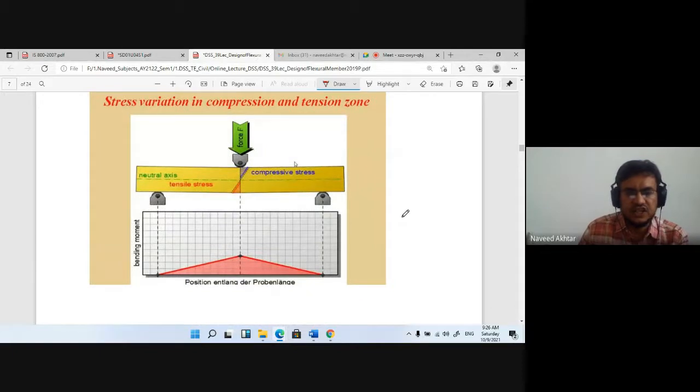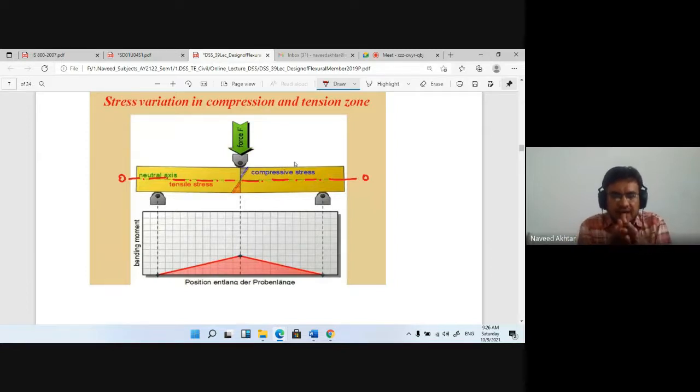Similarly, you can see the stress variation in the compression and tension zones. This is our neutral axis. The stresses at the neutral axis are zero, but it divides the section into two parts. Due to bending, this is the section.